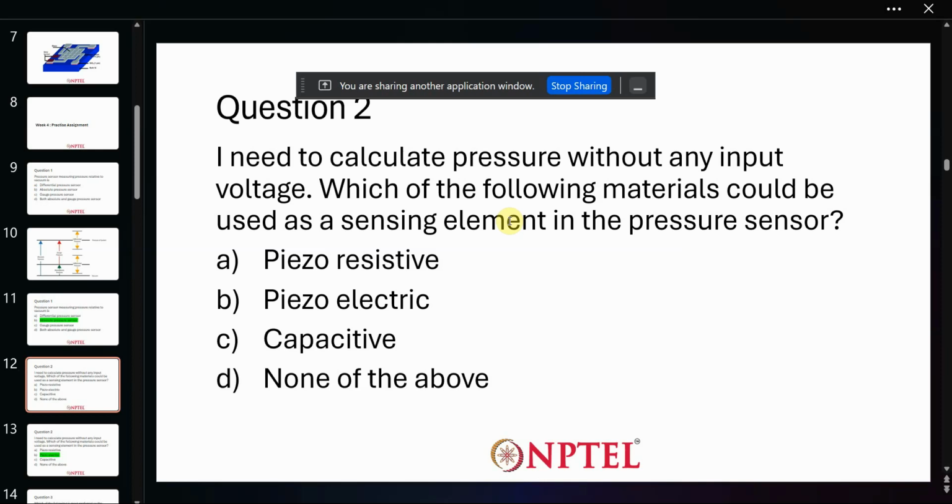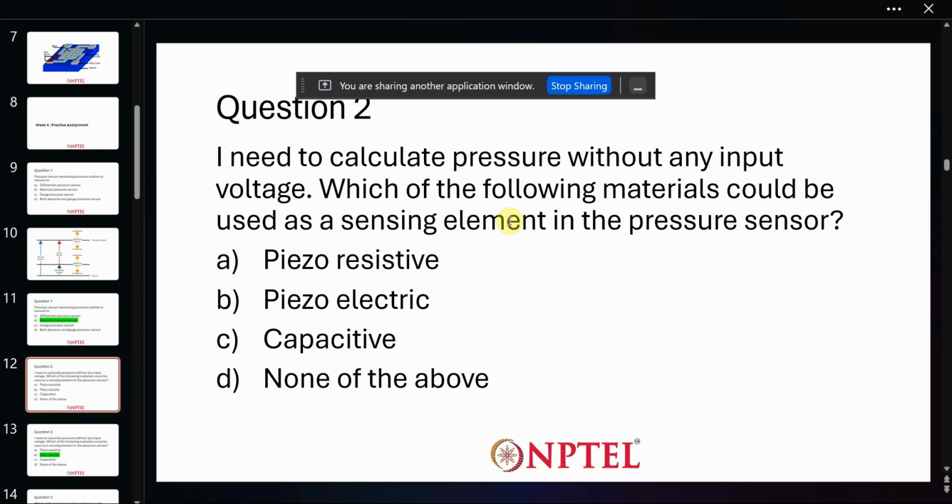So here you have a device which maybe is PZT, or quartz. Once there is a deformation, the entire crystal structure gets deformed, and that deformation in the crystal structure leads to the creation of a potential difference.